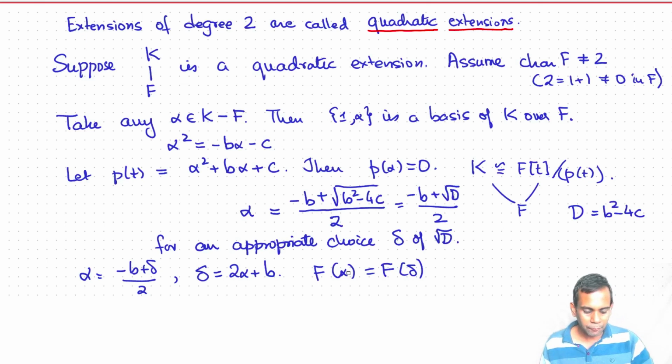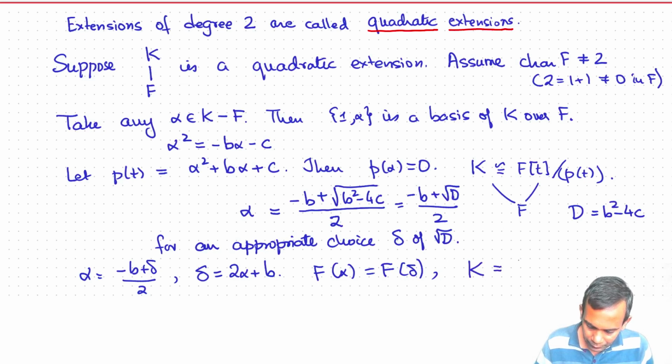So this quadratic extension of degree 2 can be written as the extension generated by the square root of some element d. So it's F adjoin delta, or we can write F adjoin square root d for some d.